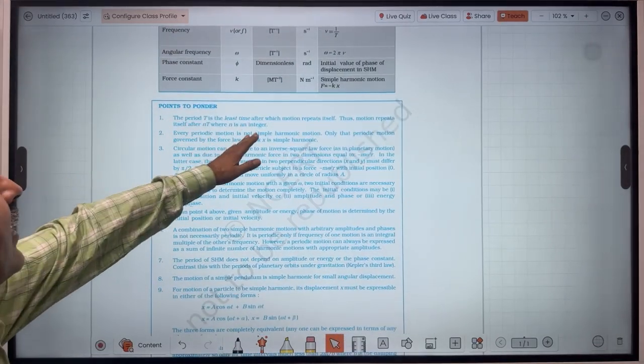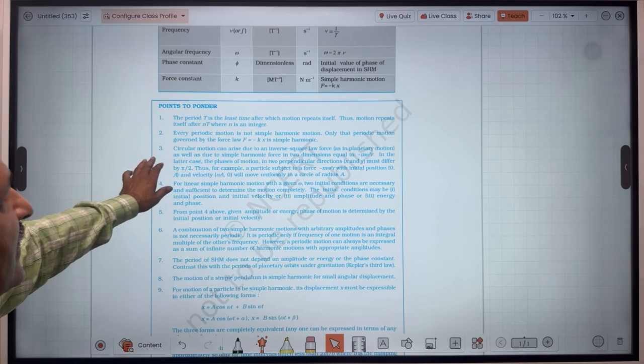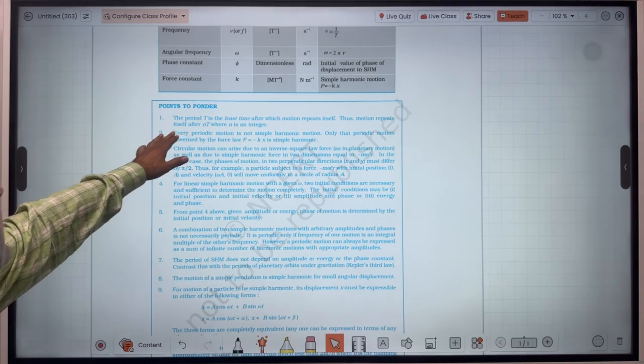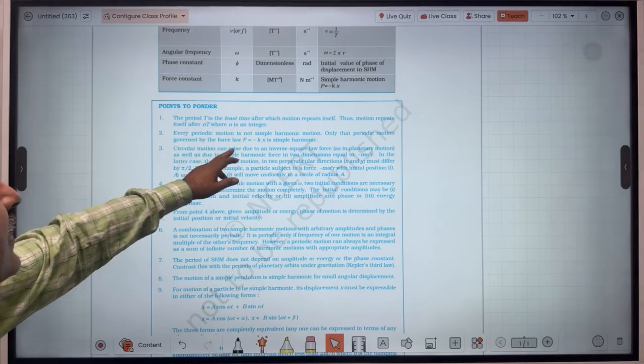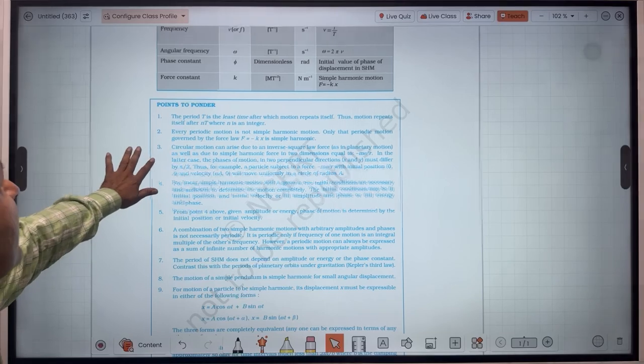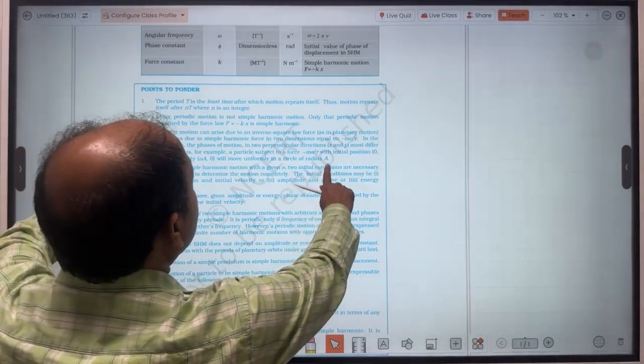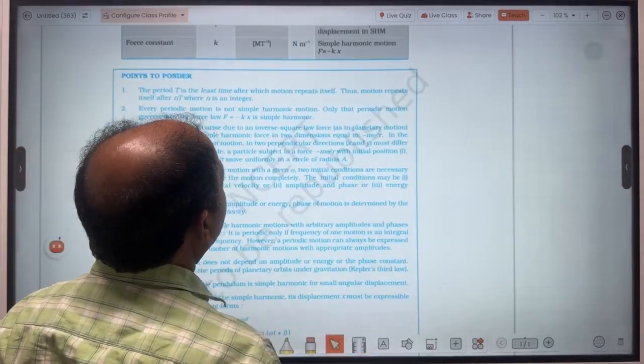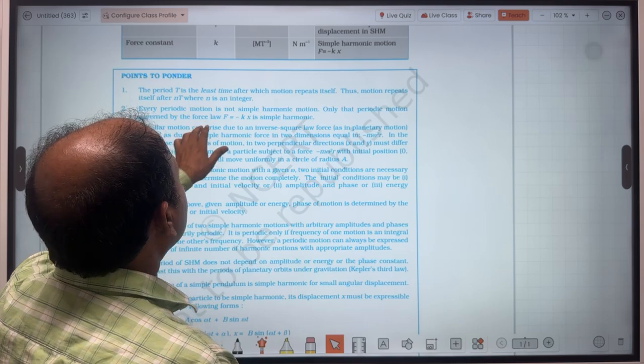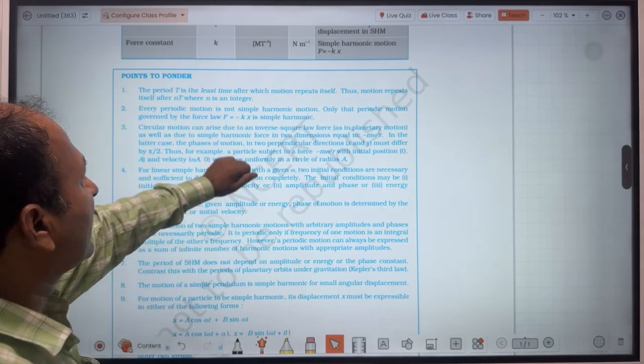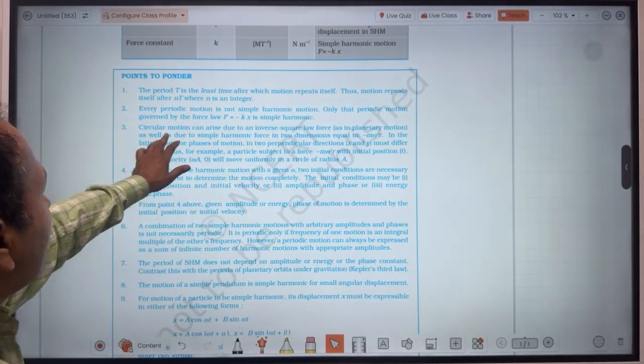The period T is the least time after which the motion repeats itself. Thus the motion repeats itself after nT, where n is an integer. Note that every periodic motion is not simple harmonic motion. Only that periodic motion governed by a force law like F equal to minus kx is simple harmonic.